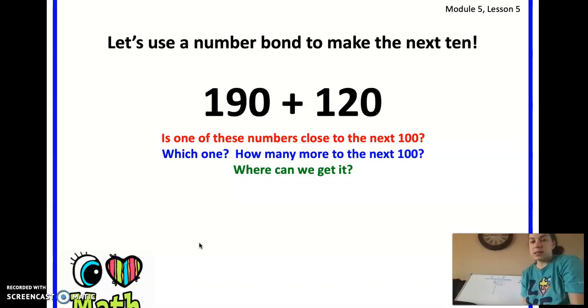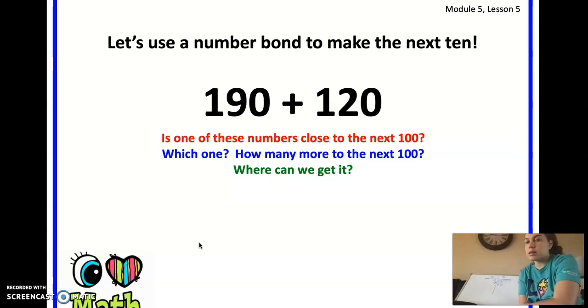Now let's look at this. It says, let's use a number bond to make the next 10. So we have 190 plus 120. Is one of those numbers close to the next 100? So remember, hundreds are 100, 200, 300, 400, 500. So is 190 or 120 closer to the next 100?